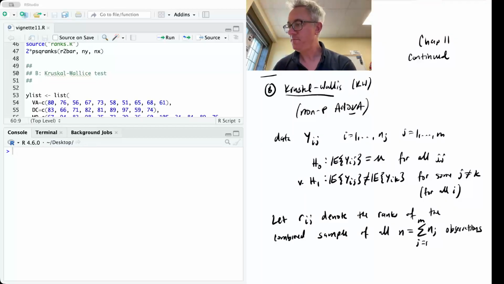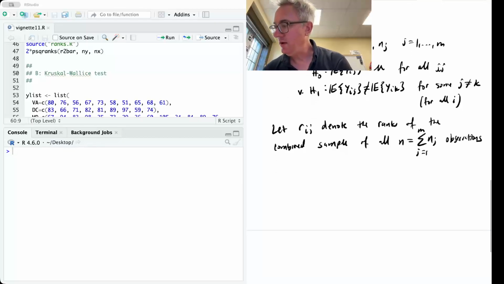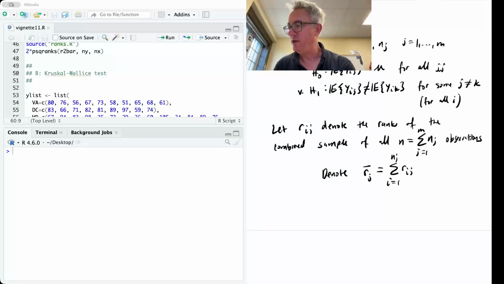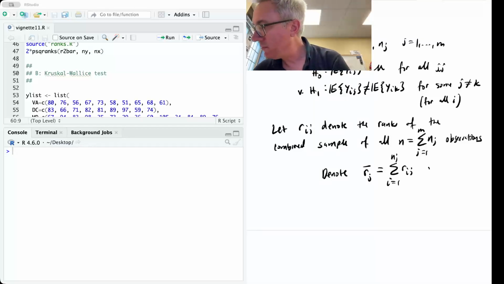And then let's denote Rj bar. Let's let that be the aggregate of all of the ranks in the jth group after you've done the ranking on the combined sample.